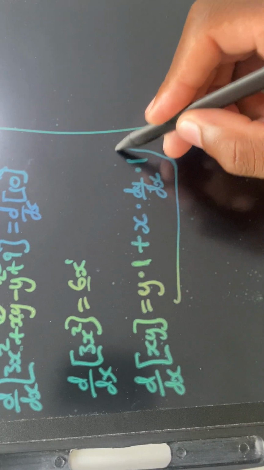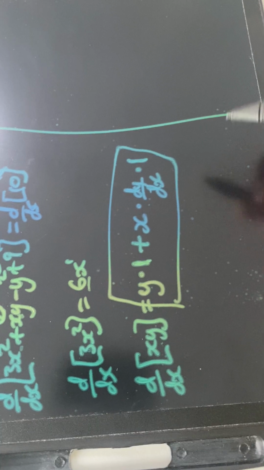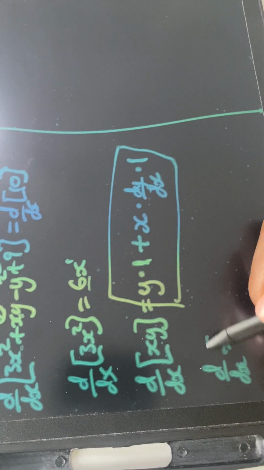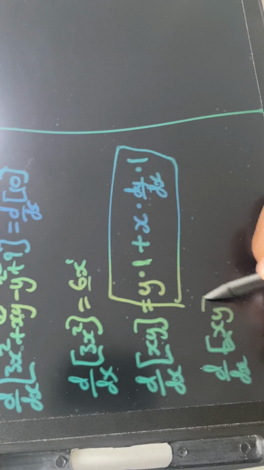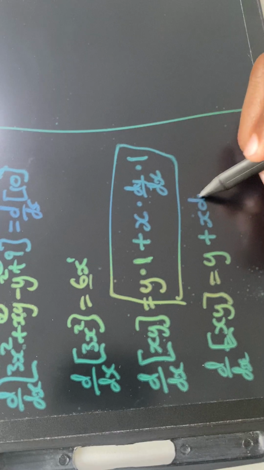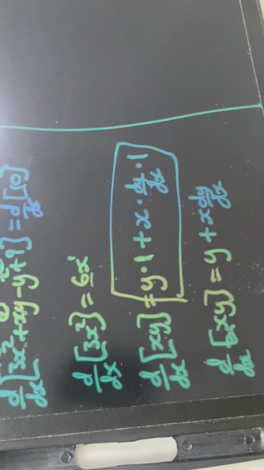So this is the part that confuses most people, but it's simple. So simplifying this, dx of xy is equal to y plus x dy dx, isn't it?